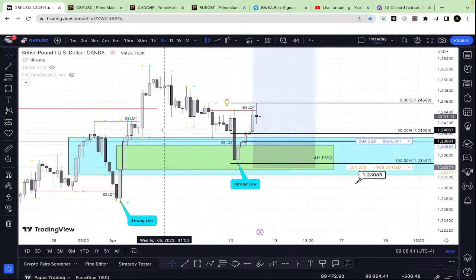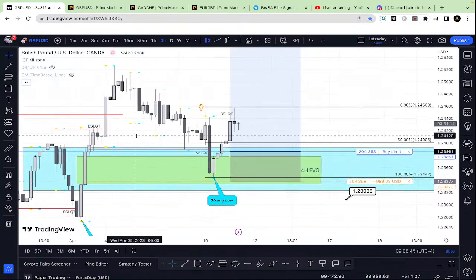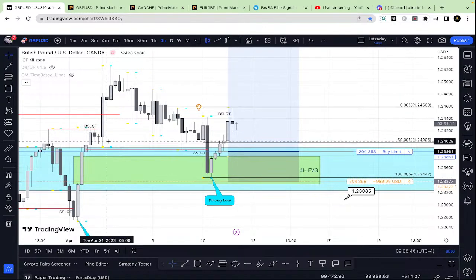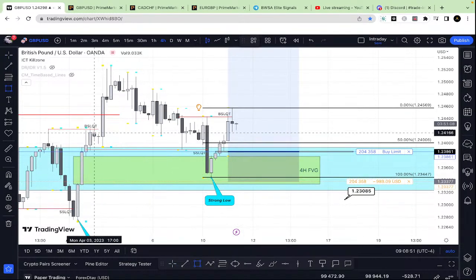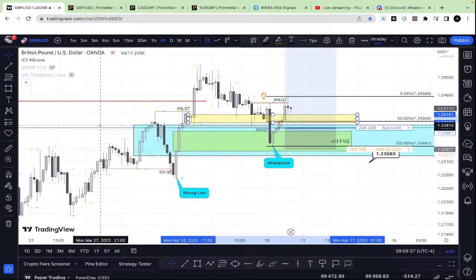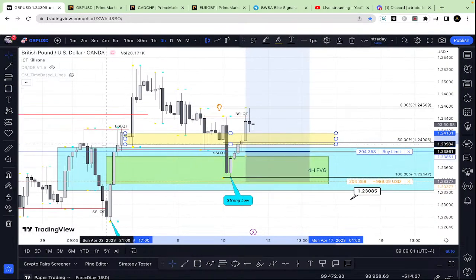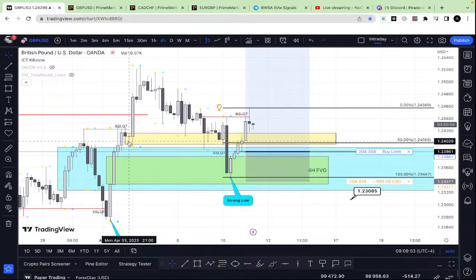So what I'm going to do is use this bullish breaker right here as well. Right about here, I would say, was a bullish breaker. Why was this a bullish breaker? Because this was the actual last down candle.